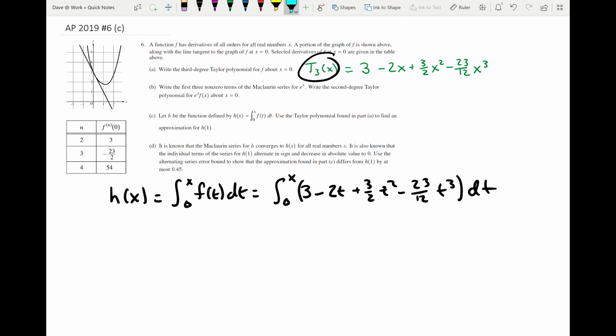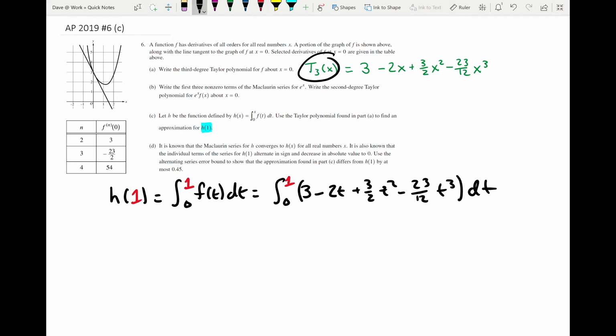But remember, the purpose of this question is to approximate h of 1. So, how about we erase all the x's and plug in 1 into their spots.